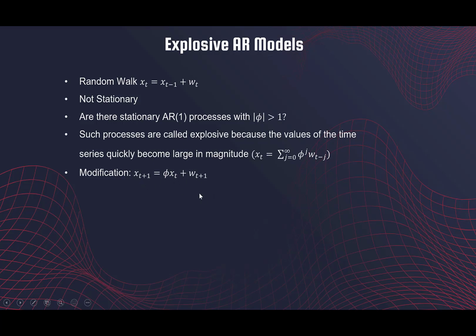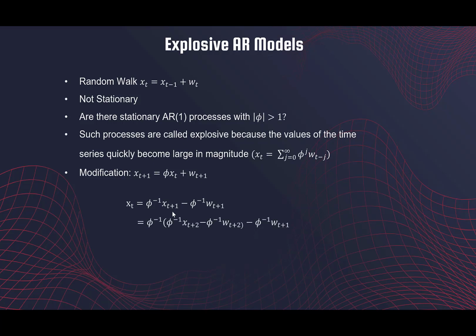So this looks similar to the AR models we were looking at so far, but phi is different in this case. I can rewrite this by juggling some terms around, and write it as X_t equals phi inverse times X_{t+1} minus this term. Now if phi is greater than 1, 1 over phi is less than 1.